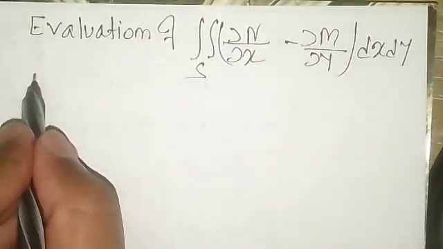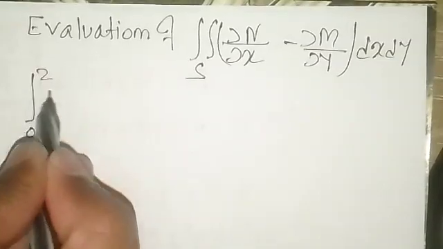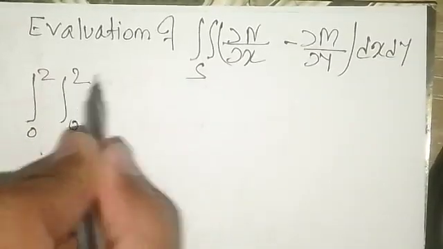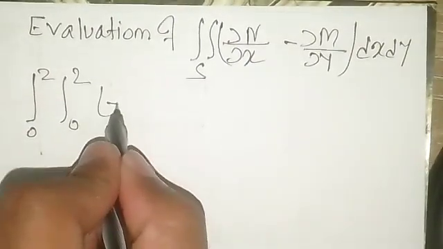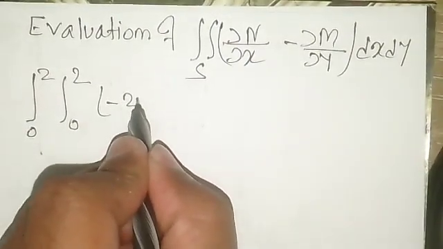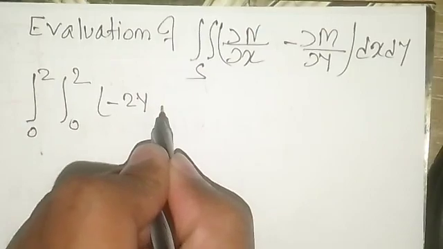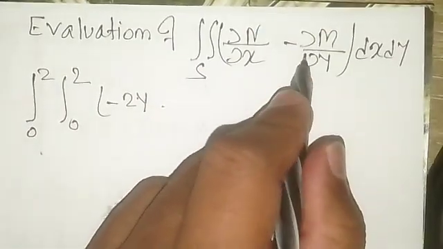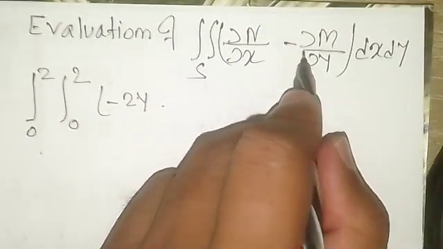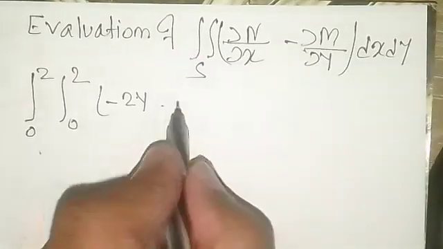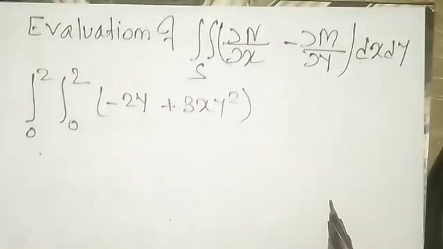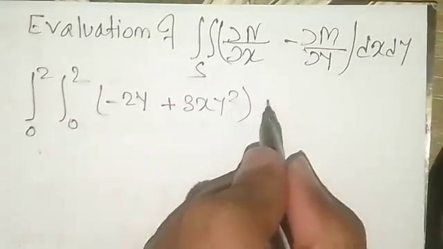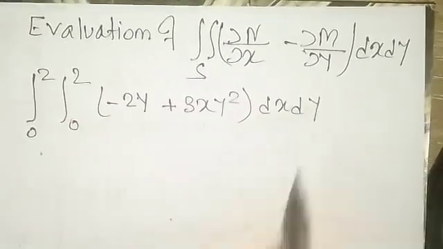So you have to integrate from 0 to 2 and 0 to 2. Dou n by dou x we already calculated. So dou n by dou x is nothing but minus 2y, and dou m by dou y you got, that is minus 3xy squared. So minus minus will become plus. So this is 3xy squared, right? Into dx dy.